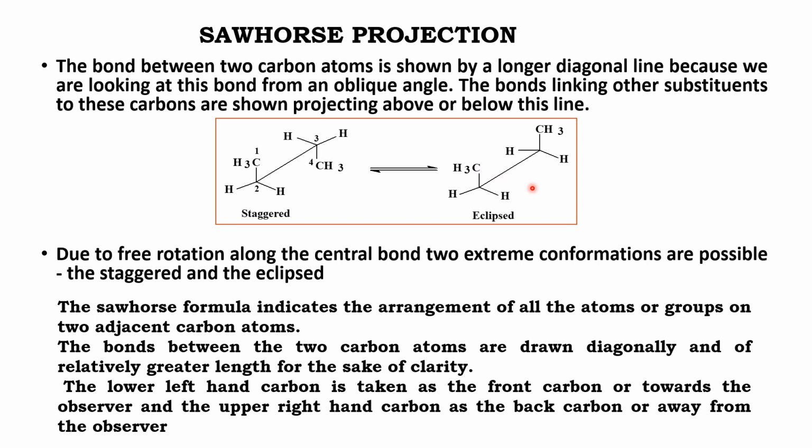But in eclipsed, it is placed exactly at the back of the CH3 group. That means the bonds on the first carbon atom and the bonds on the second carbon atom are on the same plane for the eclipsed conformation of a Sawhorse projection formula. While for the staggered conformation, the bonds are between the bonds.